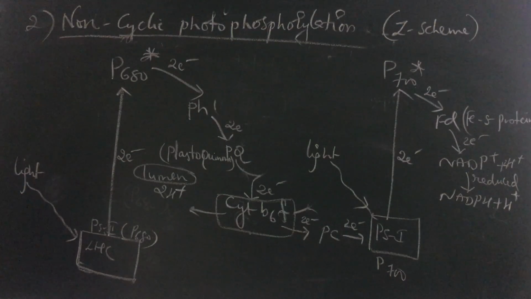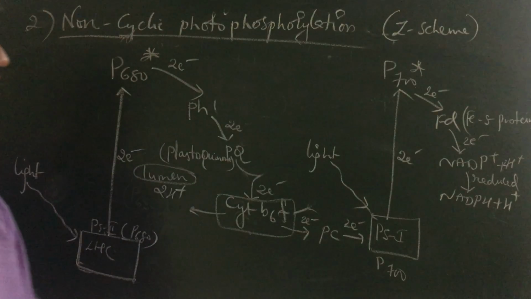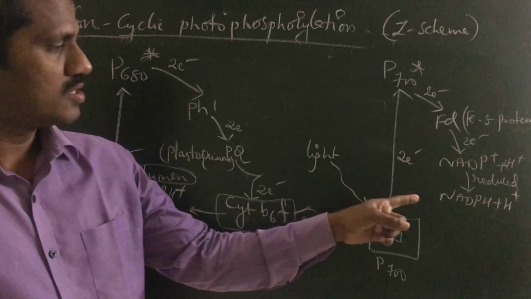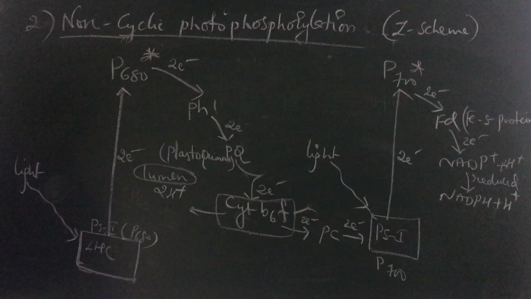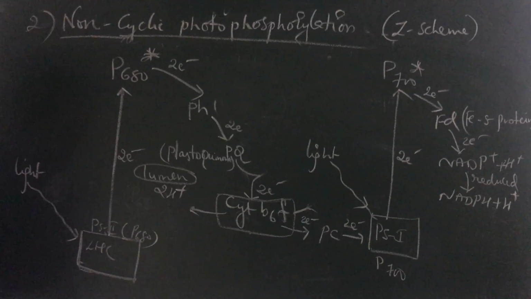So therefore, here if you see, one NADPH molecule is formed in the non-cyclic photophosphorylation. Okay, so one NADPH molecule is formed in the non-cyclic photophosphorylation, and still, if you see, now the electrons are lost by the photosystem 2.